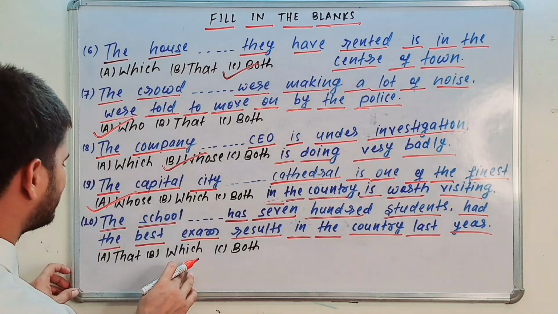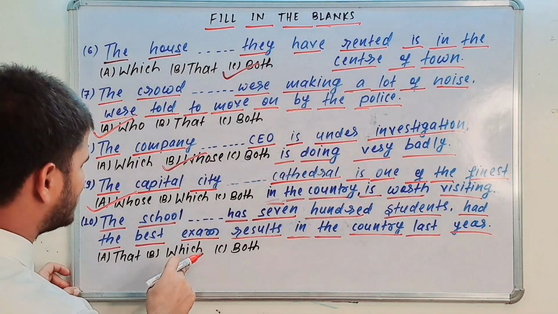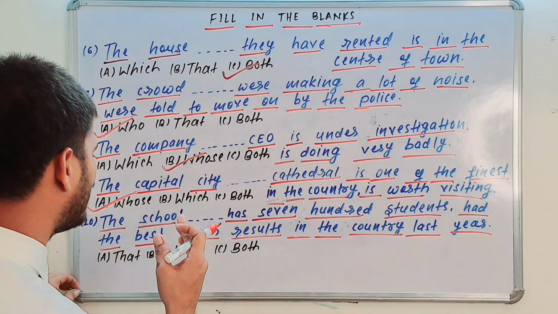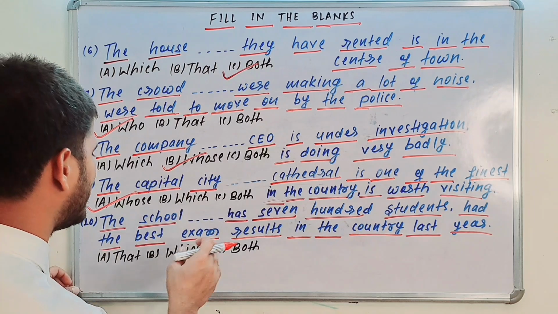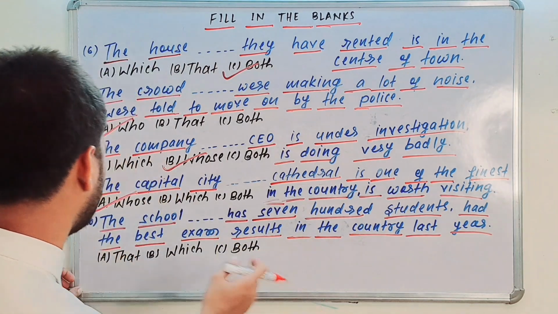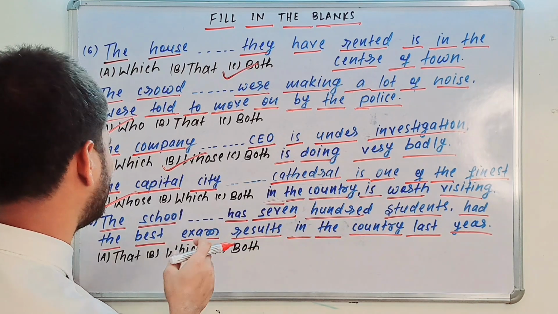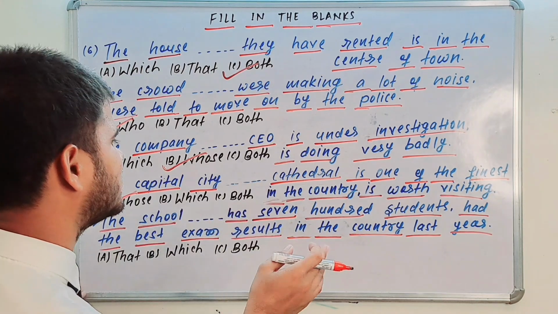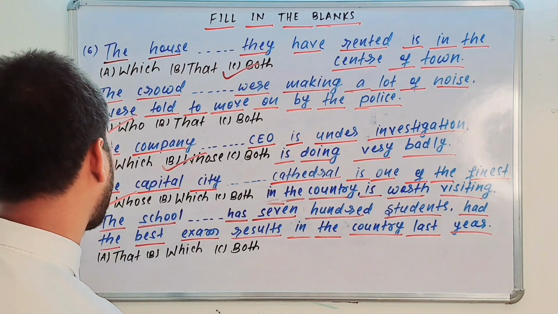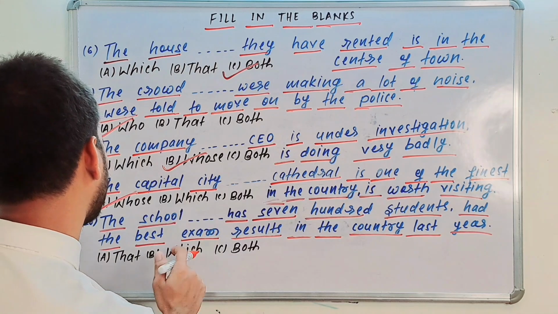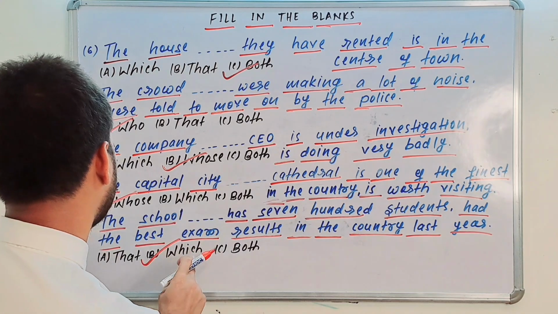Basically, here see the relative pronoun which is used for animals, things, or an idea. I think the suitable answer is option B, which.